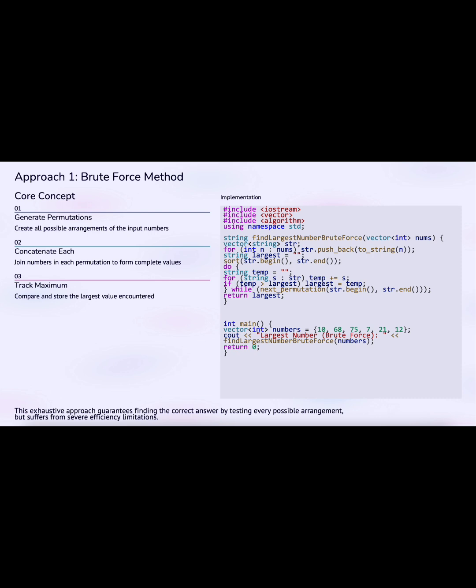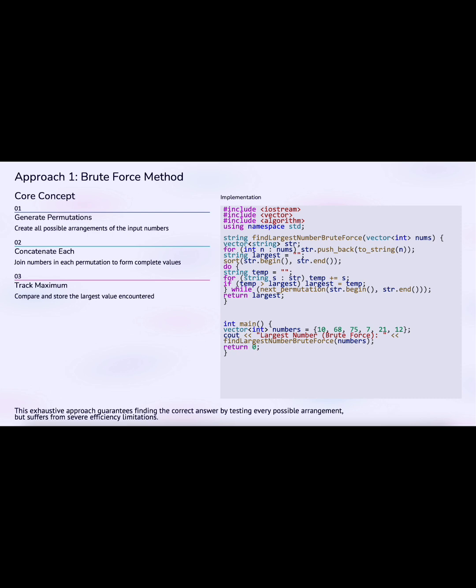So now we come to the brute force code. Here's the C++ implementation of the brute force method. We start by including the required header files like iostream, vector, and algorithm for input and output operations, dynamic arrays, and utility functions.